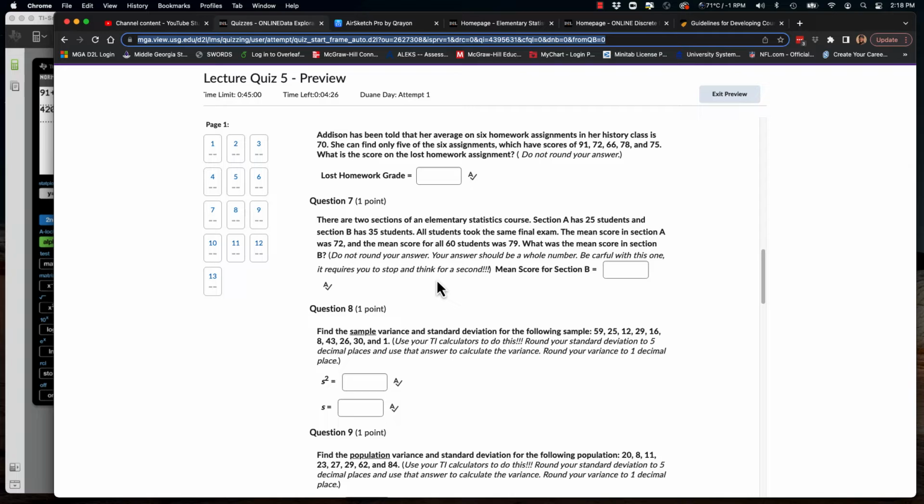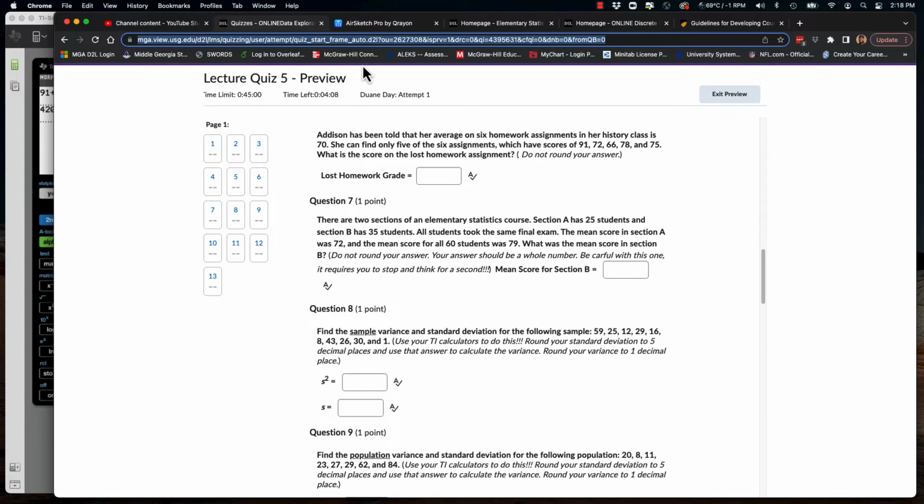All students took the same final exam, and the mean score in section A was 72. We're not given the information about the mean score for section B, but we're told that all 60 students combined had an average of 79. So we're given that information.